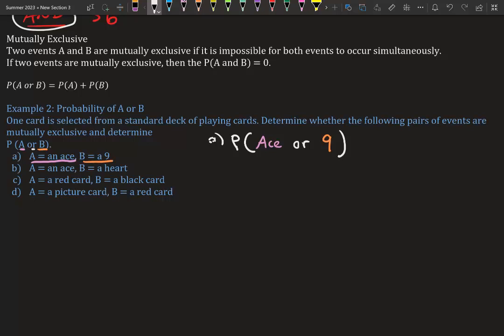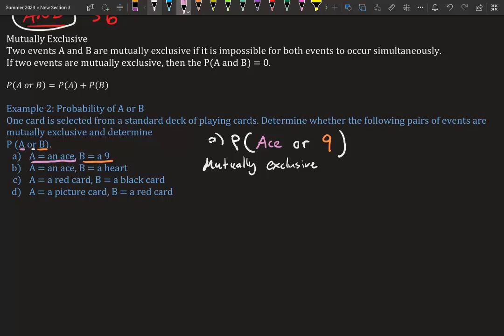So because these two cards are completely different and there's never a 9 and an ace, it's always an "or," we know that this is mutually exclusive, meaning the ace doesn't mess with the 9 and the 9 doesn't mess with an ace. It doesn't affect it at all.